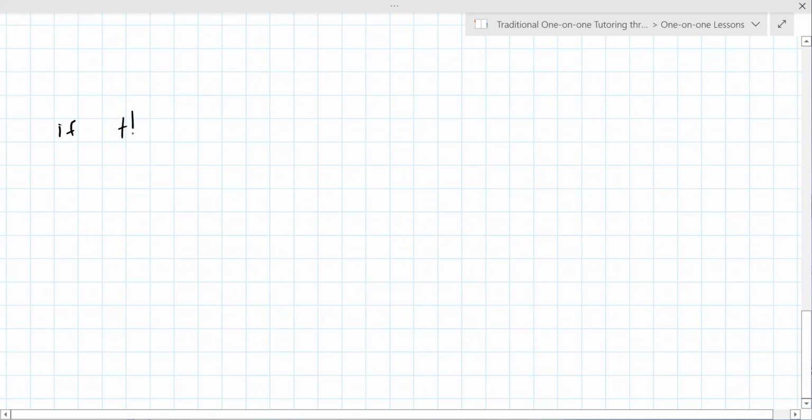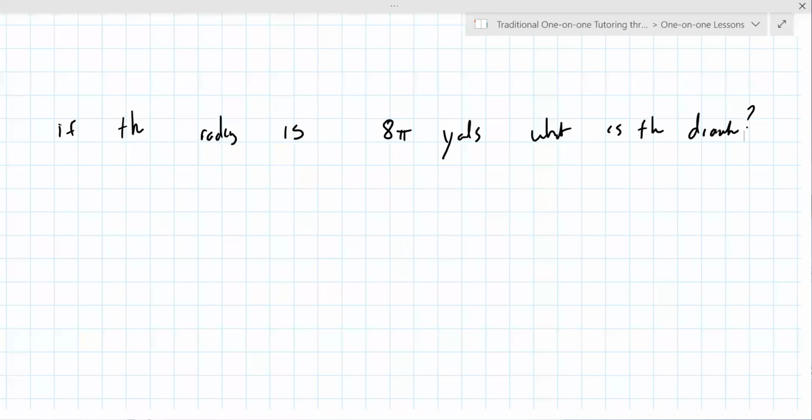Okay, one more. If the radius is 8 pi yards, what is the diameter? Do you see the pi symbol there? That pi is important.